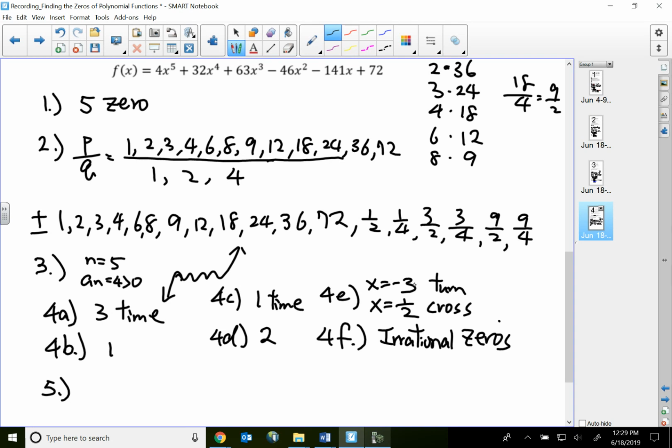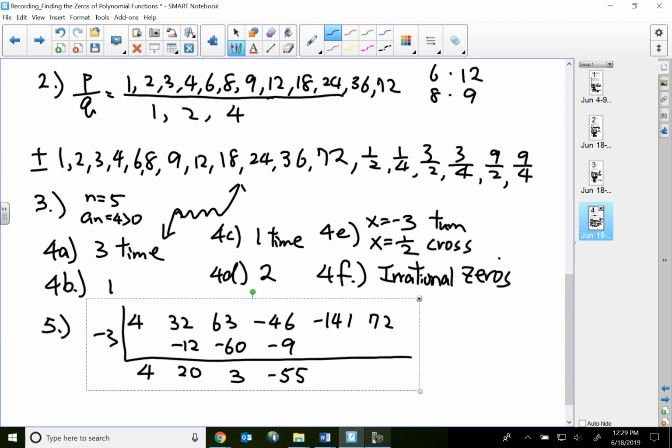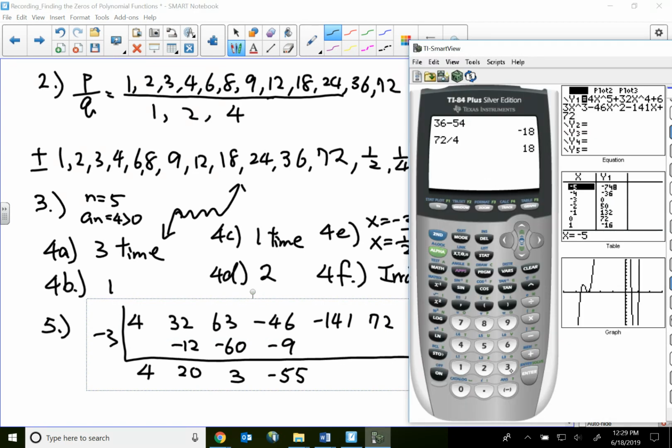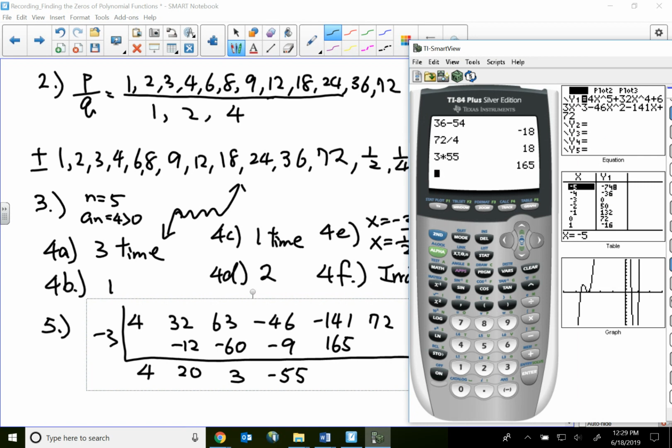Since it turned at -3, I can use it twice. 4, 32, 63, -46, -141, and 72. -12, add them up is 20. -60, that's a -3 times 20, that's -60. Add them up, -9? No, -55... 3 times -55 is going to be positive 165. 165 minus 141, 24.